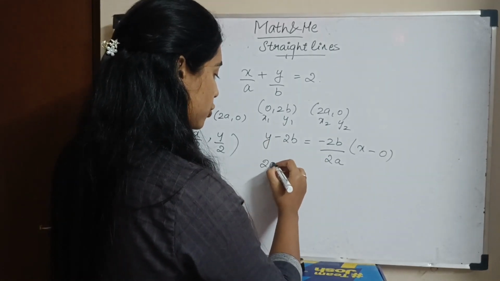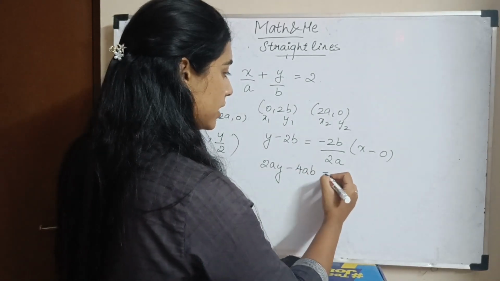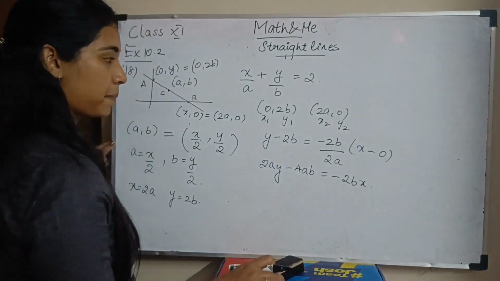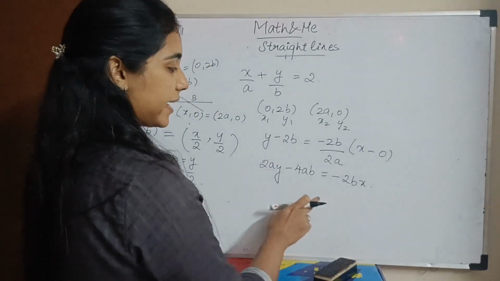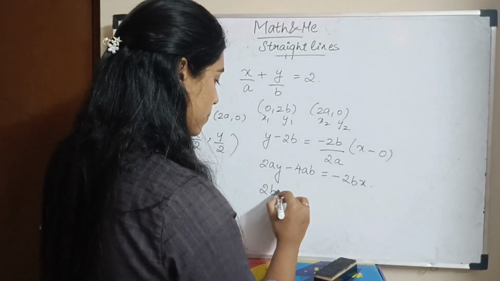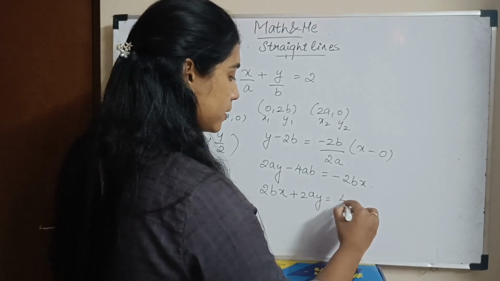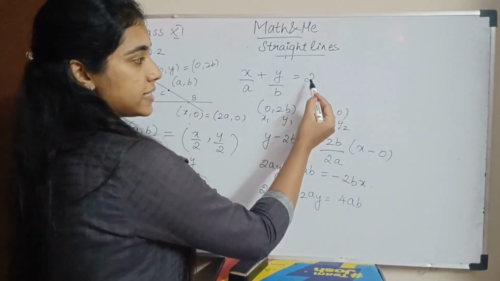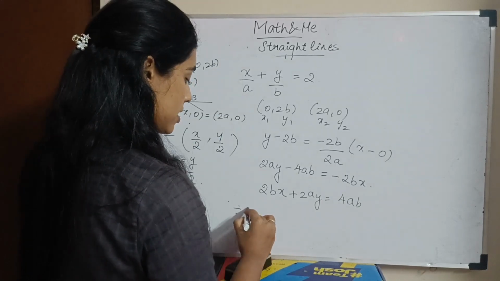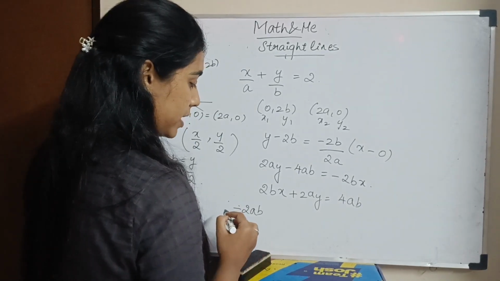So I have 2ay minus 4ab equals minus 2bx. Okay, I'm bringing the x to one side and the constant to the other side. So I have 2bx plus 2ay equals 4ab. Since I needed 2 here, what am I going to do? I'm going to divide the equation by 2ab. So when I divide this by 2ab, what do I get?